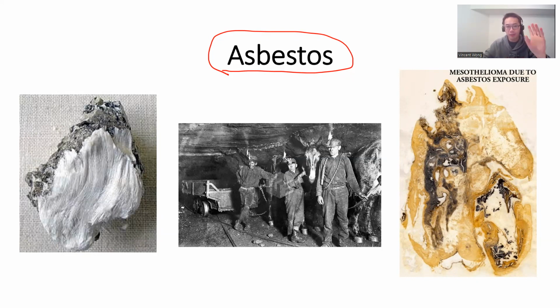It causes a very specific kind of lung cancer called mesothelioma. And you only need a tiny bit of exposure. So the wives who did the laundry for their husbands, they weren't physically in the mine, but just by breathing in the residues from the clothing, they also got mesothelioma, which is crazy, right?